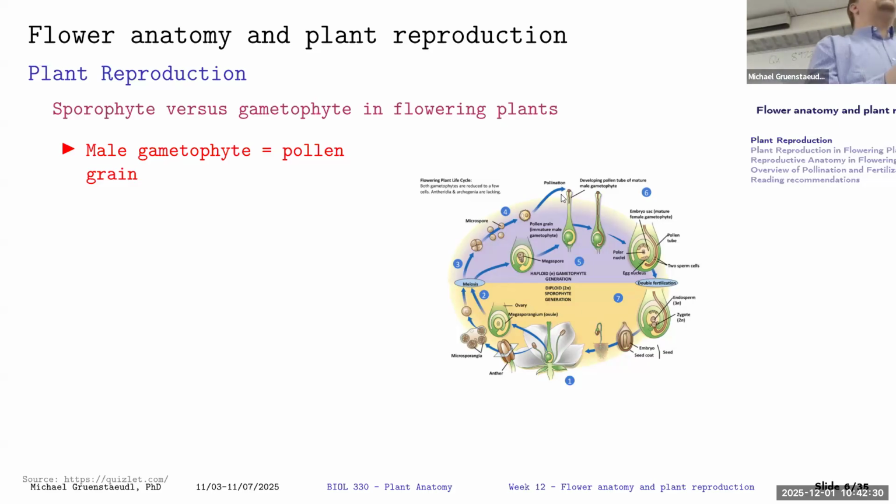Now we understand the pollen grain of these flowers, although not all of these flowers are bisexual. Some of these flowers are unisexual here, but where would the female gametophyte in such an individual flower be? What would correspond to the female gametophyte?